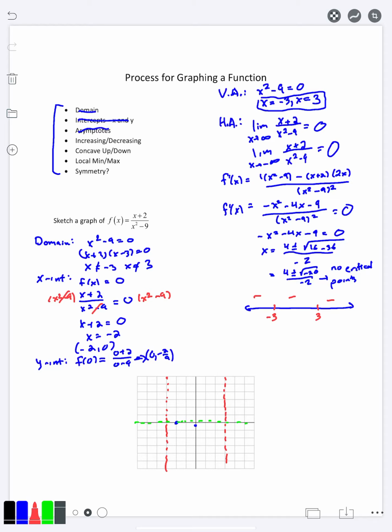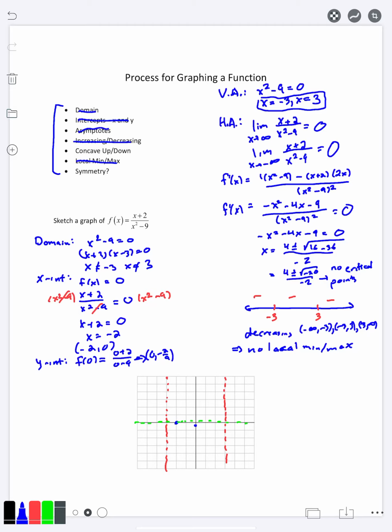And if I look at this, it's going to be negative. So that means this function is decreasing everywhere. But I should say that it's decreasing specifically on negative infinity to negative 3, then negative 3 to 3, then 3 to infinity. Now since it never changes between increasing and decreasing, that means that there's going to be no local min or max on this graph.